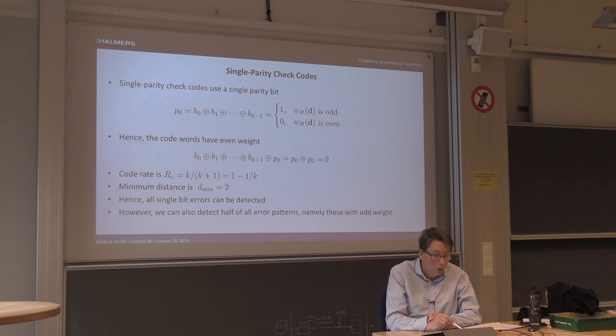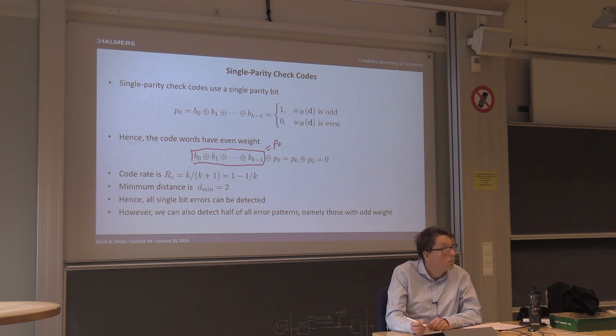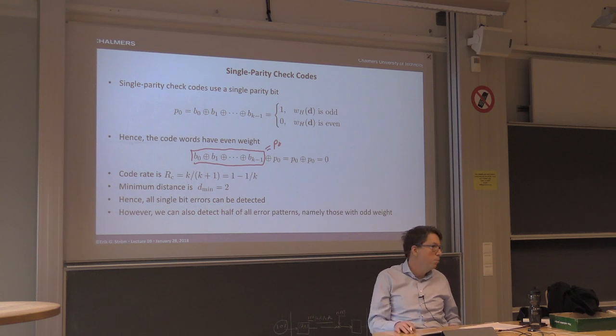Okay, so the first part here is equal to P0, by construction. So we get P0 plus P0, and that's equal to 0. This is sometimes called even parity.